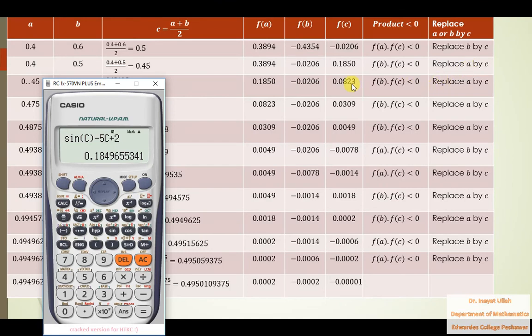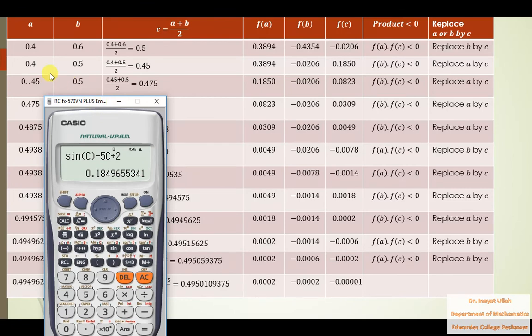In the third row, just look at the third row, we have replaced the value of a by c, 0.45, and b remains unchanged. Now again we need to calculate c, so press the equal sign.